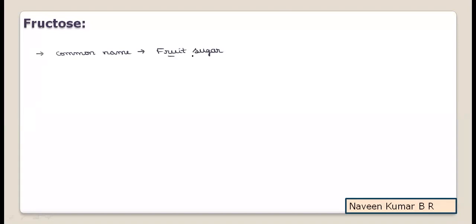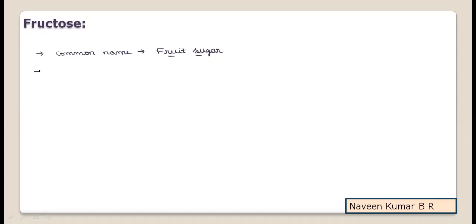Because of the abundance of this monosaccharide in all the fruits, it has the name fructose, FRU, related to the significance of the common name fruit sugar. So fructose is commonly known as fruit sugar.